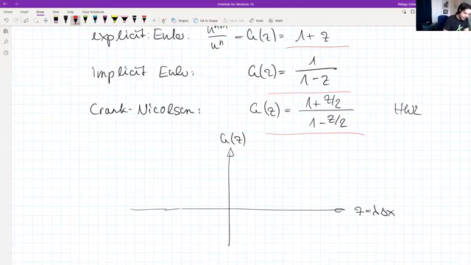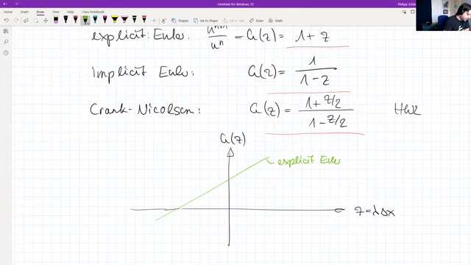So that would mean that I would plot, for instance, 1 plus Z, which would be kind of a line like this. This would be for the explicit Euler scheme.